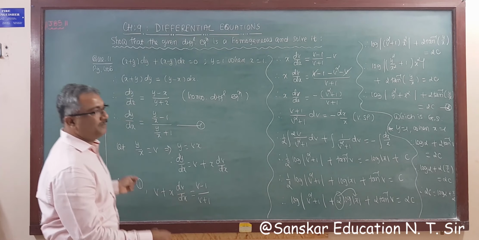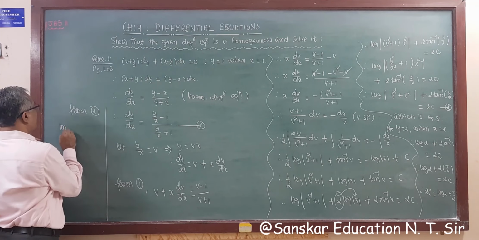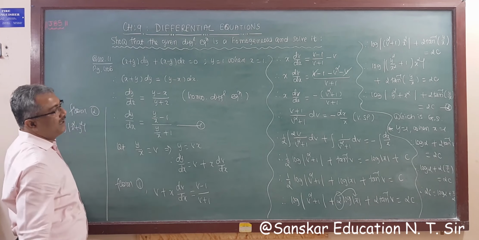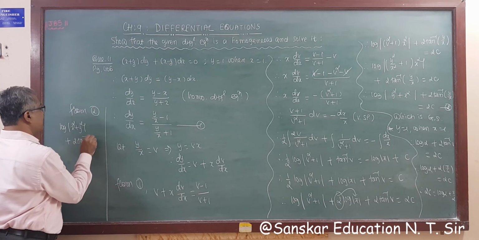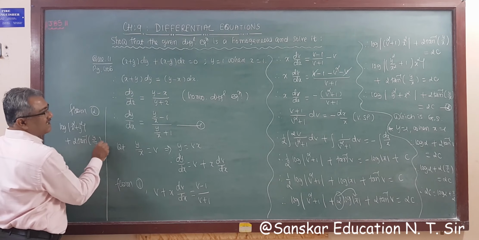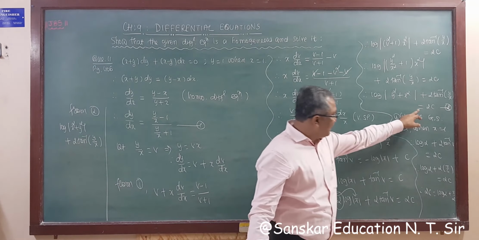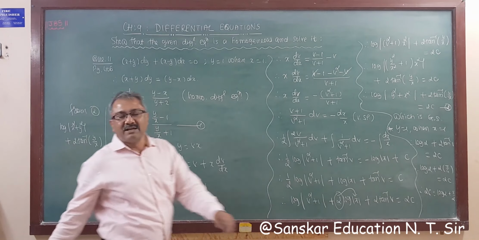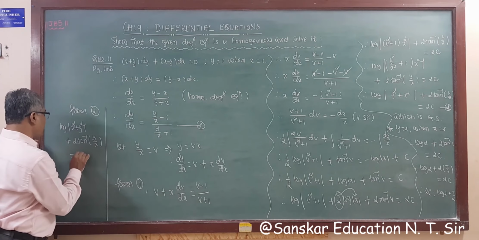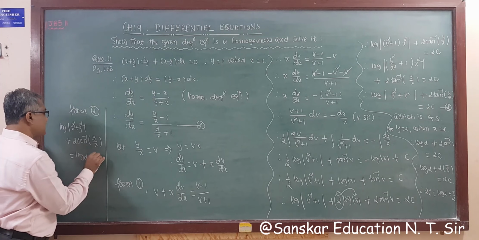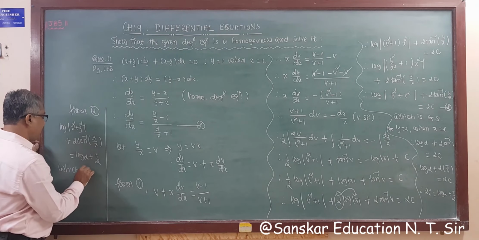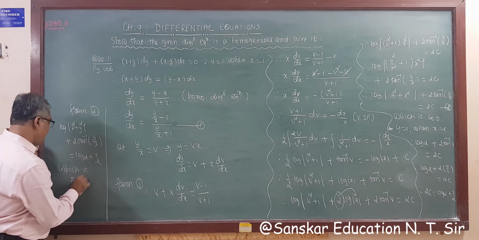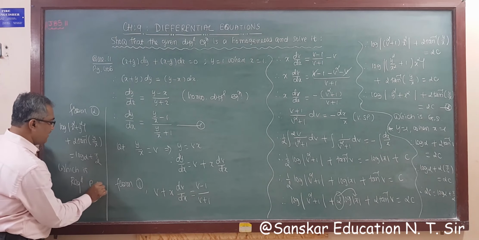Log mod x square plus y square, plus 2 times tan inverse y by x is equal to twice c, and twice c is log 2 plus pi by 2. So it is equal to log 2 plus pi by 2, which is the required particular solution. Got it?